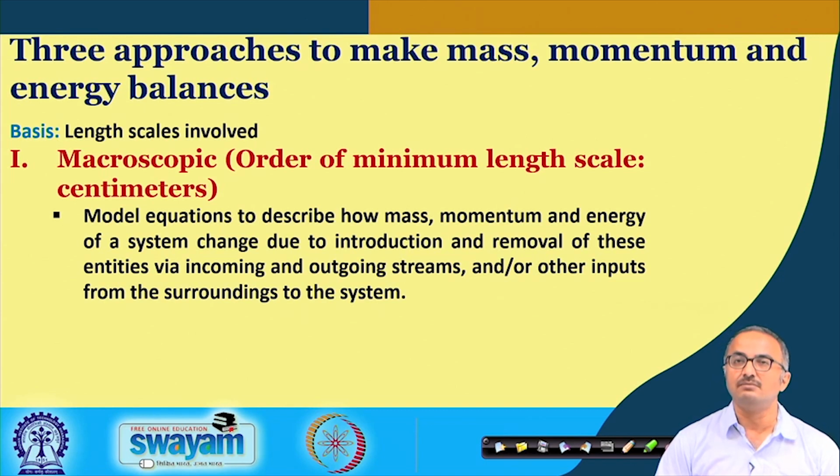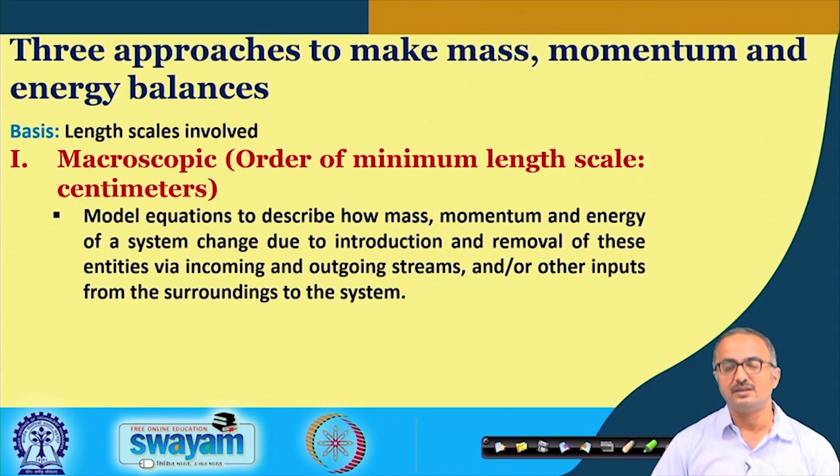In this case the minimum order of length is in centimeters, that means centimeter, meter or kilometer, of the order of the system dimension. When you have this kind of bigger systems, you may go for the macroscopic balance.